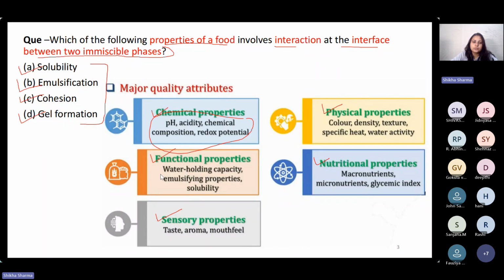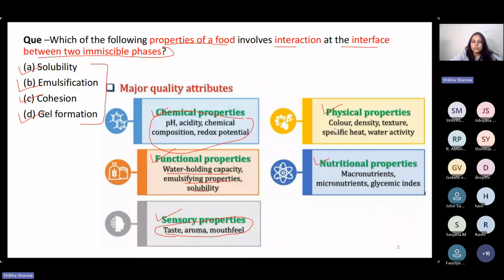In functional properties we have water holding capacity, emulsifying property, and solubility. In sensory properties we have taste, aroma, how we feel the food in the mouth, color, and also how we smell the food product.